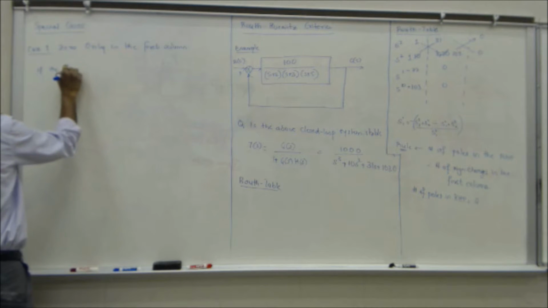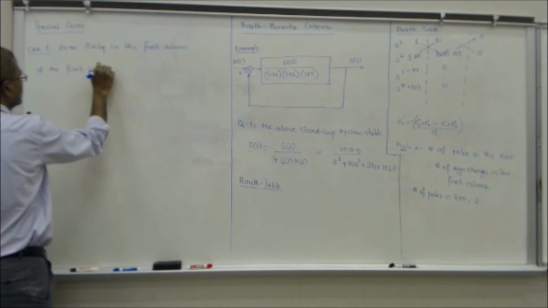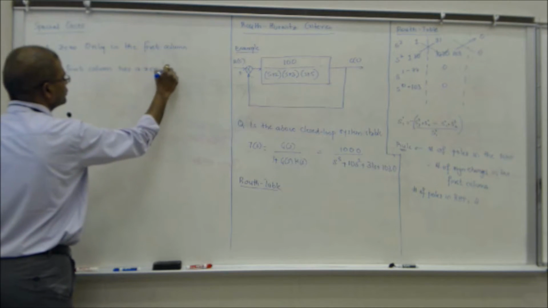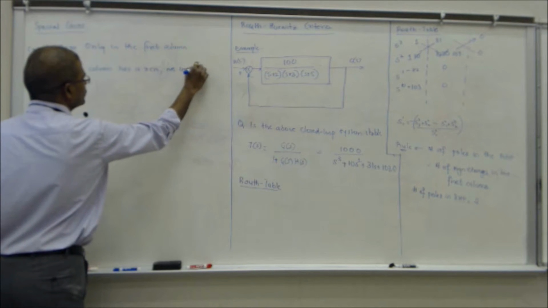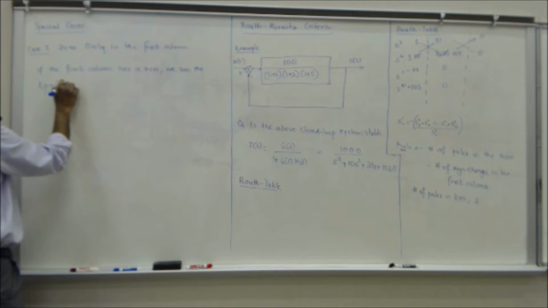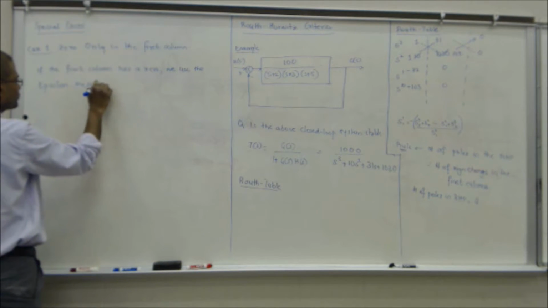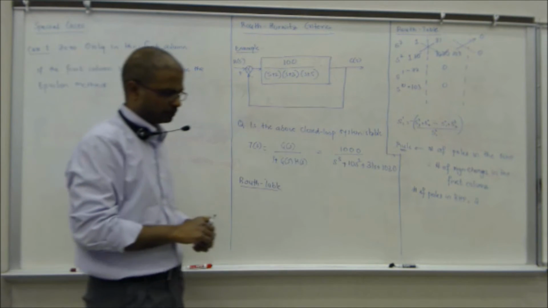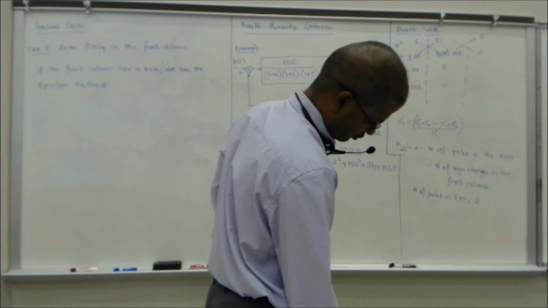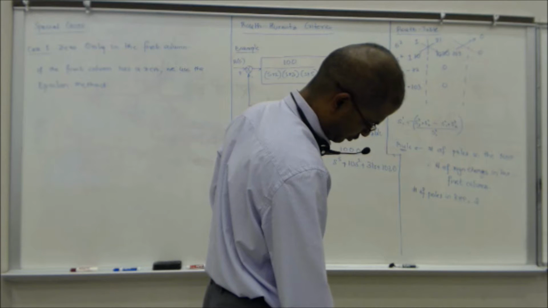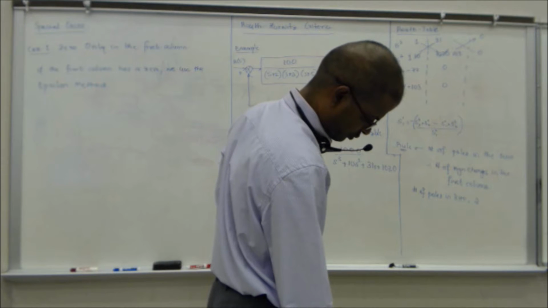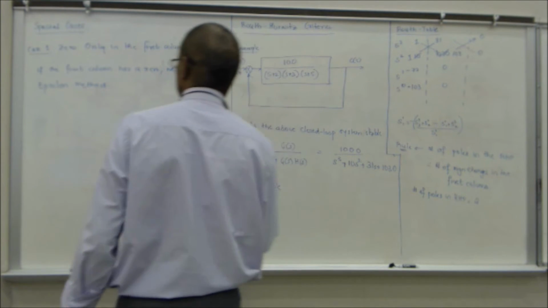If the first column has a 0, we use the Epsilon method. Again, we'll take a look at an example how to do this.